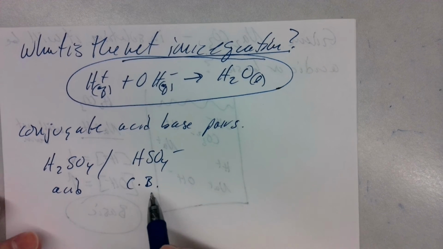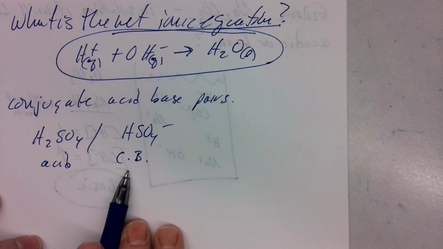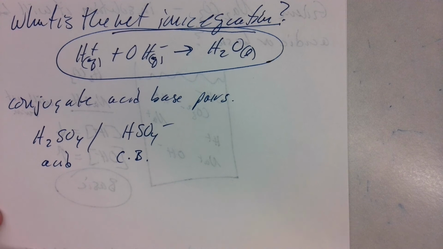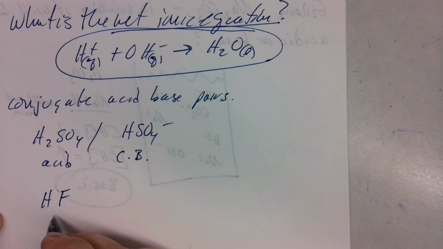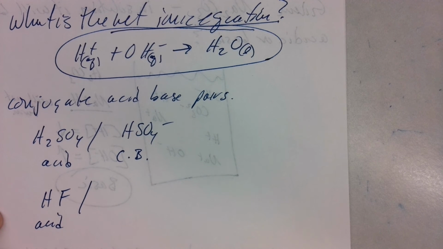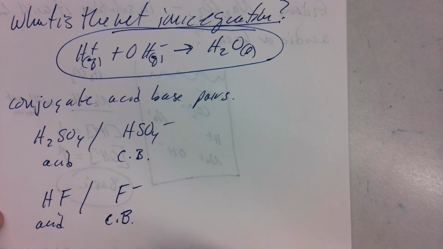And what you learn is that pretty much every conjugate base is a negative ion. Almost every time. If I gave you HF, here's my acid, what is its conjugate base?